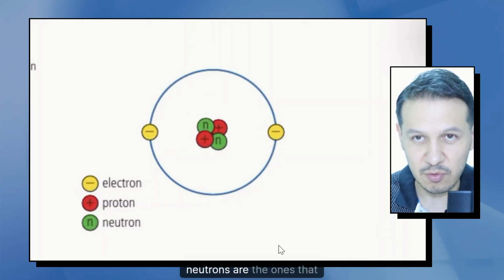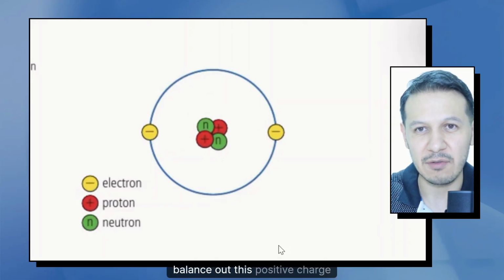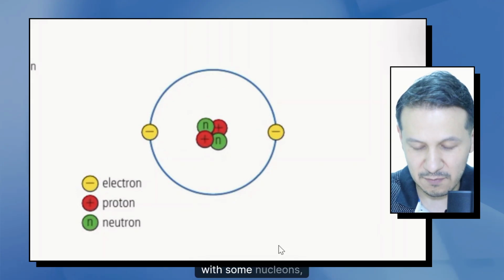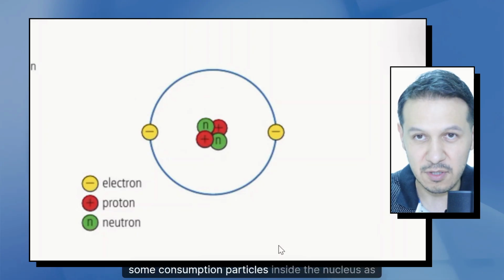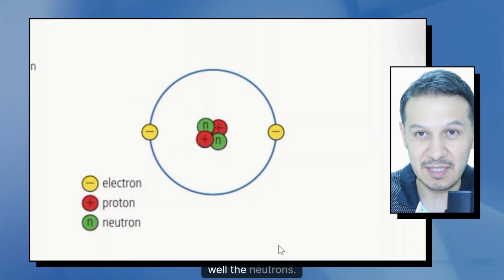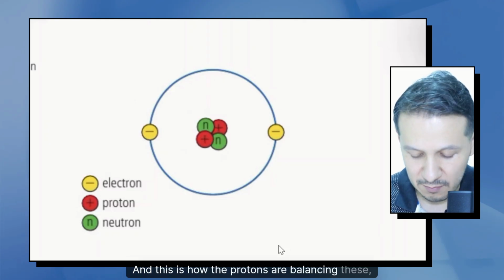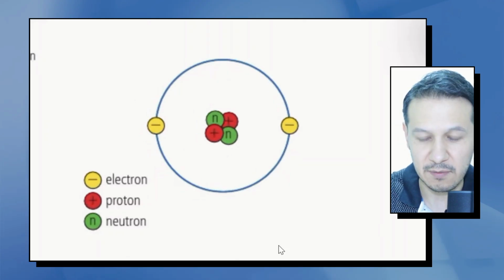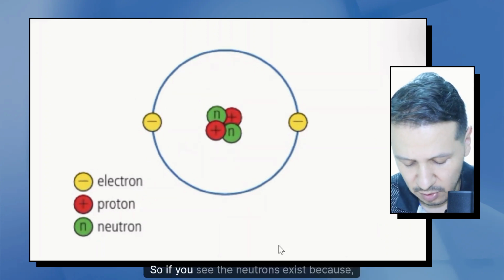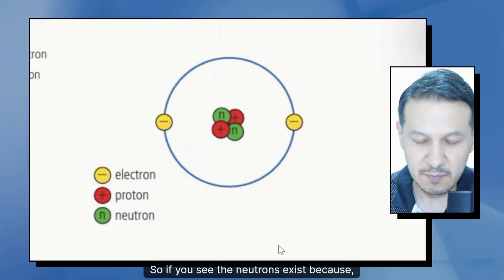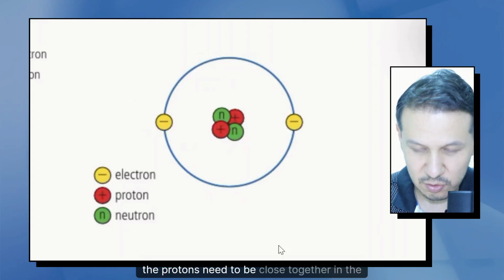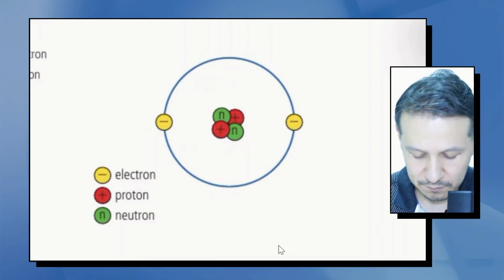The neutrons balance out this positive charge, as nucleons, subparticles inside the nucleus as well. So the neutrons exist because the protons need to be close together in the nucleus.